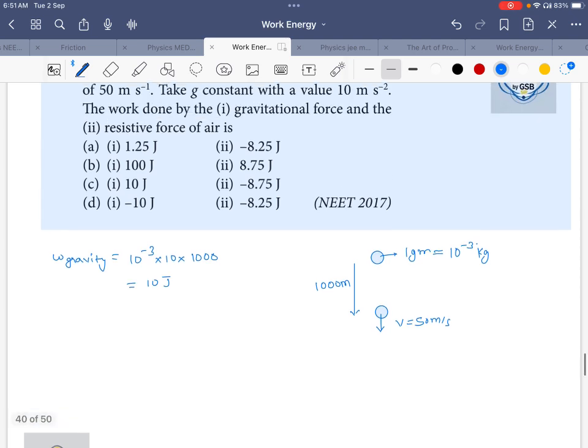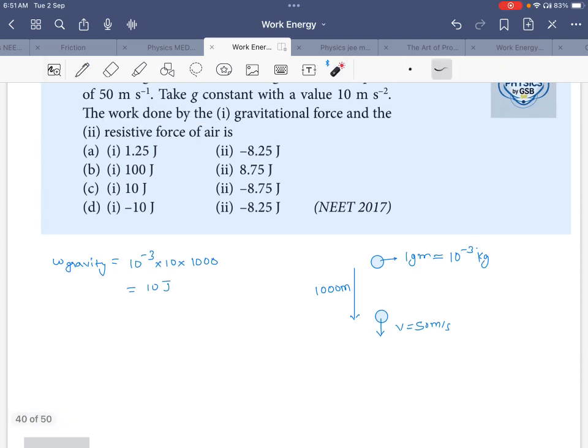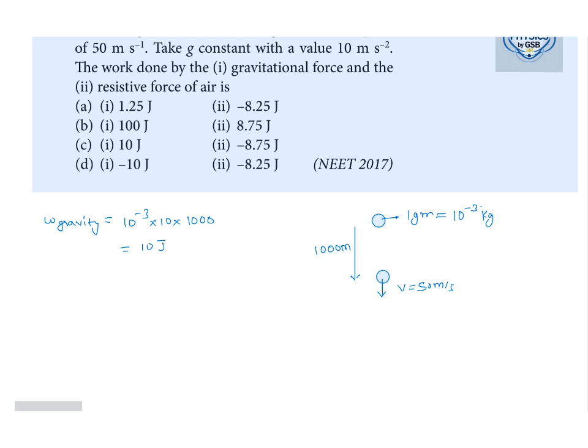Now see, I don't know the nature of this resistive force. In the question also, they haven't mentioned whether it is constant or variable. So I am planning to apply the work energy theorem. According to the work energy theorem, work done by all the forces will be equal to change in kinetic energy.